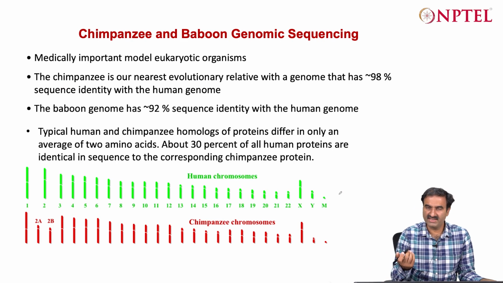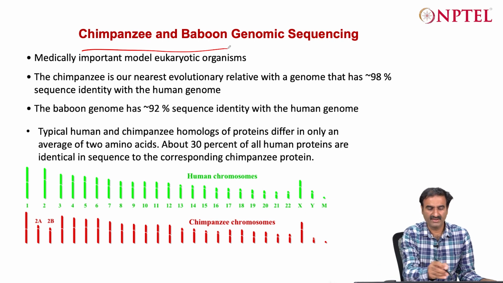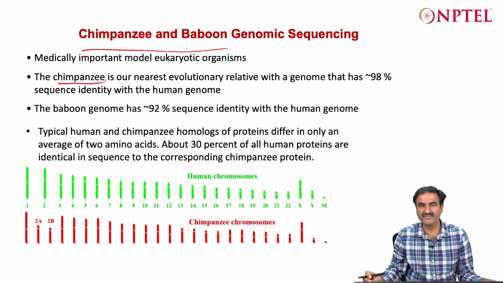And also these genomes, like chimpanzee and baboon, are very important for medical reasons also, because, for example, if you want to try some medicine or drug, you can use these as model organisms, right. And also there could be some disease which is happening in human but not happening in chimpanzee.